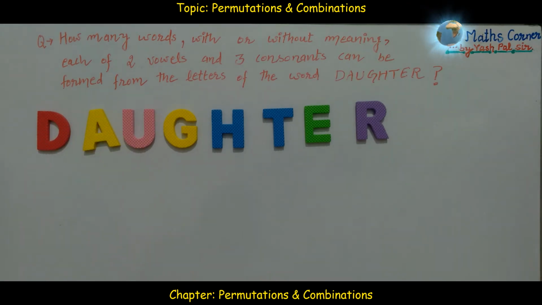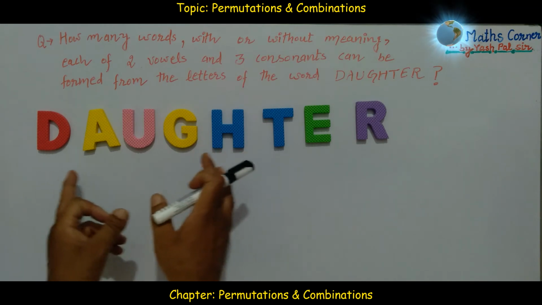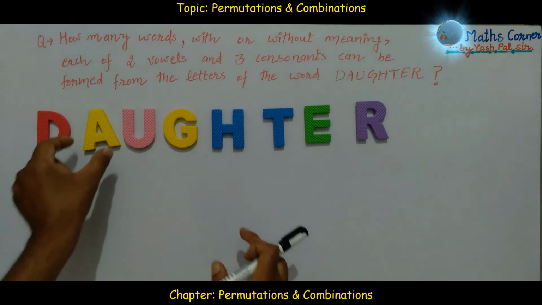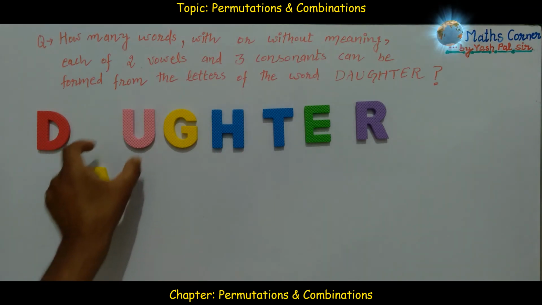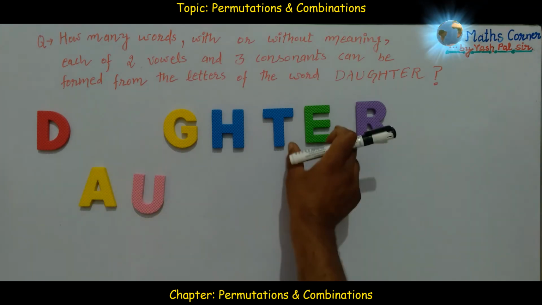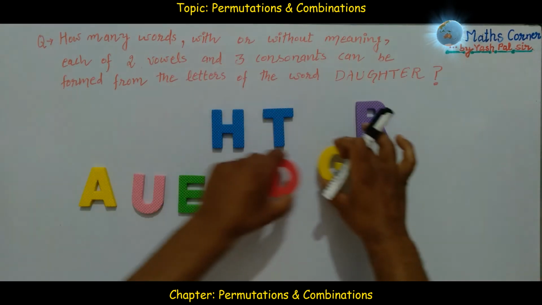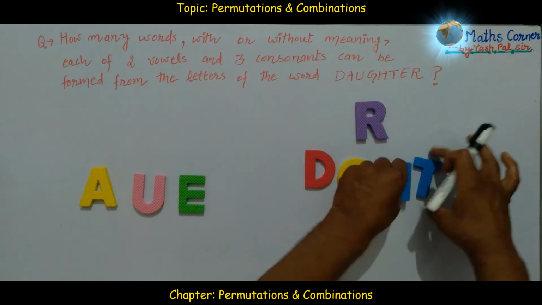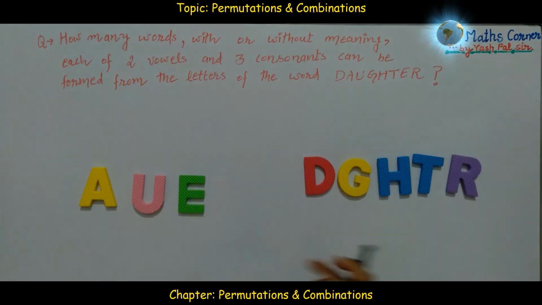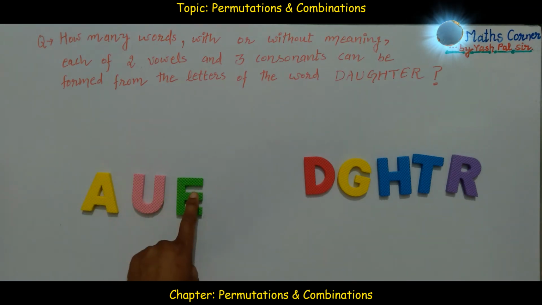That is to say, first of all, we need to separate the vowels and consonants. A is a vowel, U is a vowel, and E is a vowel. And now these are consonants. How many vowels are there? 1, 2, 3.